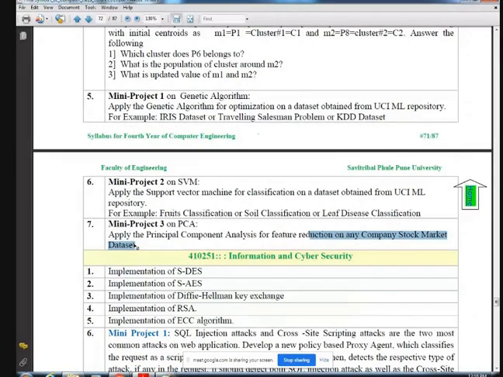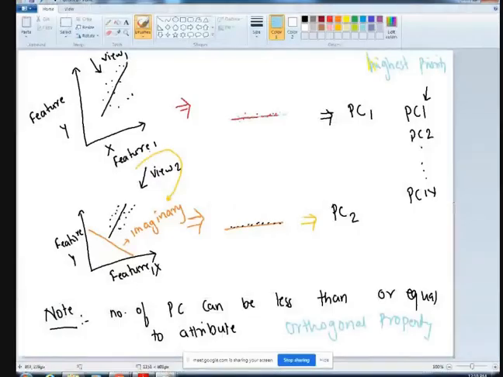Because as we have seen, for this problem, there were only two features given. Still, we have obtained two different principal components. And the priority is always given to the first principal component, because that is the widest view that we consider while considering any of the attributes.